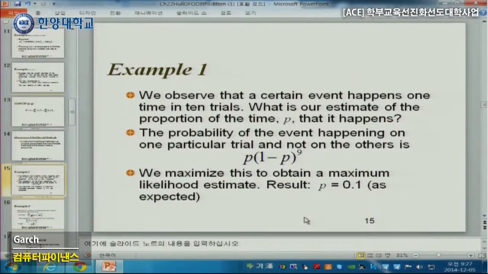So from that data set, we want to estimate the probability of actually having the head. To turn around that argument, our goal is to find the probability of having a head that maximizes the likelihood of actually observing that outcome of 10 tosses in which we have only one head and 9 tails.